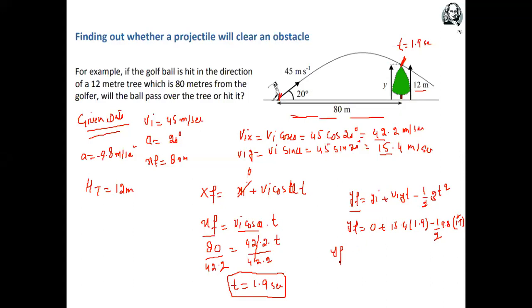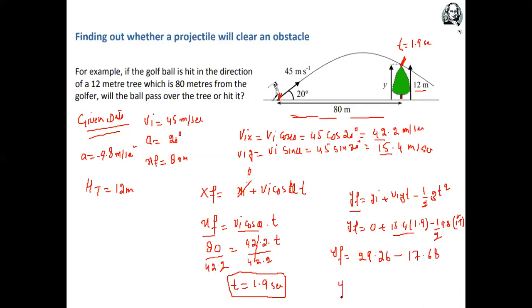First multiply 15.4 by 1.9, which equals 29.26. Then minus 1.9 square, multiplied by 9.8, divided by 2, which equals 17.68.